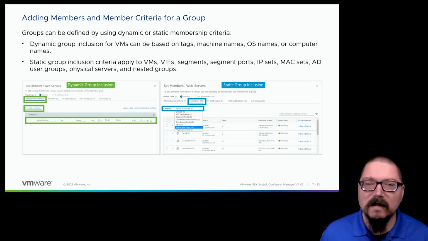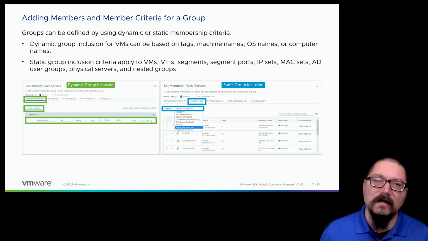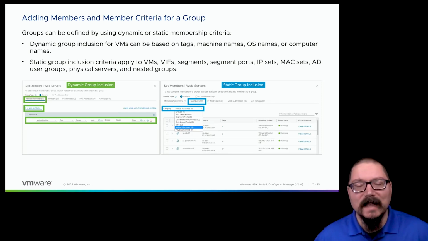And in setting the membership for that group, I can choose whether this is going to be dynamic or statically created. Now, there's nothing in the UI here that says, oh, this is dynamic and that's static.